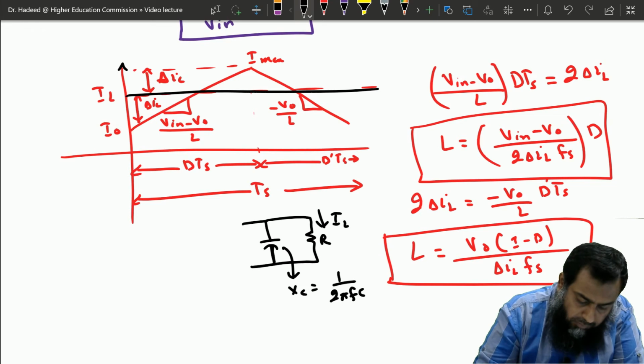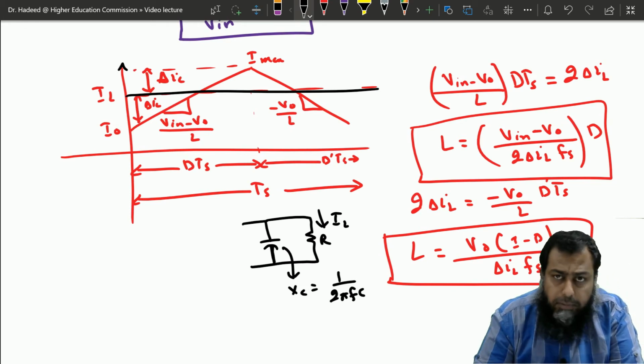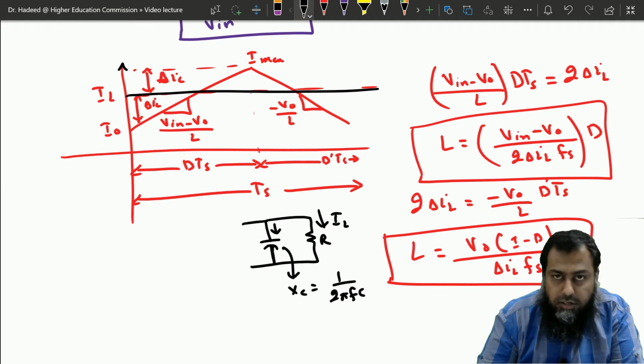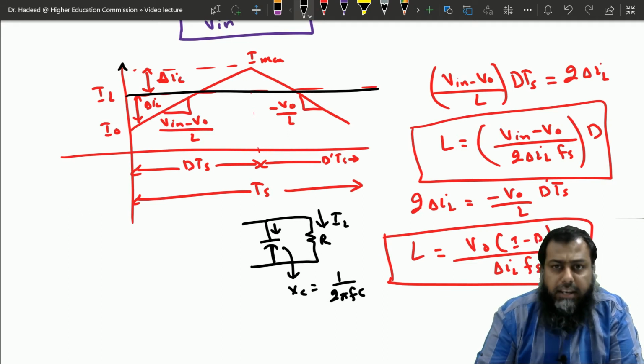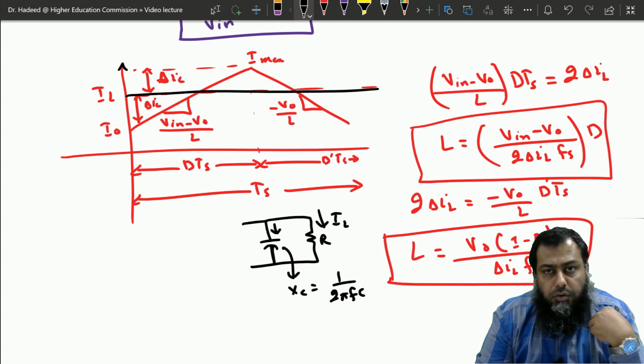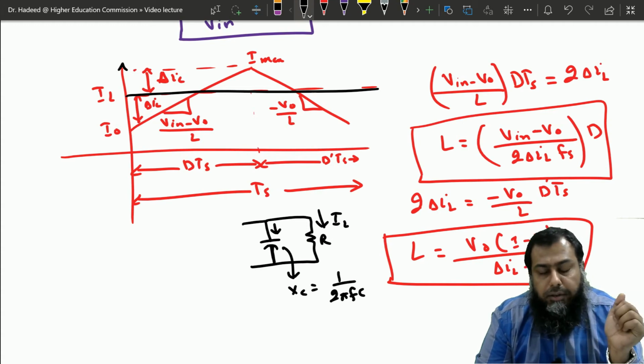What about this ripple component? This ripple component may pass through this resistance R and may pass through this capacitor C. Ideally, it is the job of the capacitor to filter all these ripple components so that there is no ripple component present in the output current.